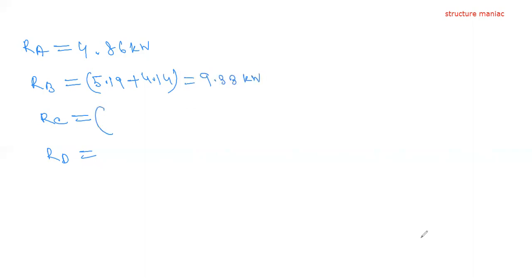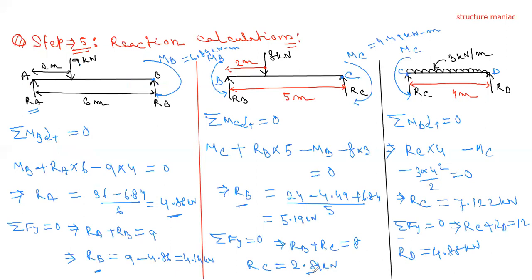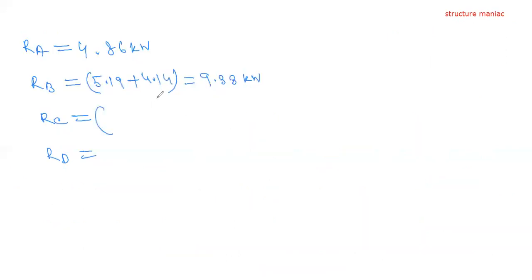And for the value of RC, we need to add RC from BC and RC from CD. So 2.81 plus 7.12, that is 9.93 kilonewton.